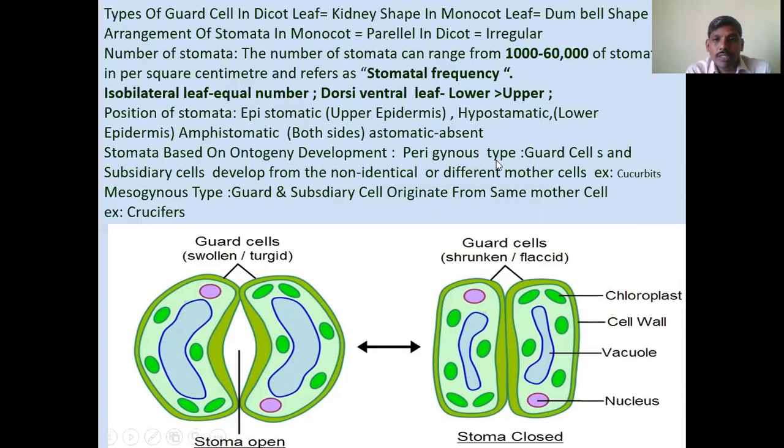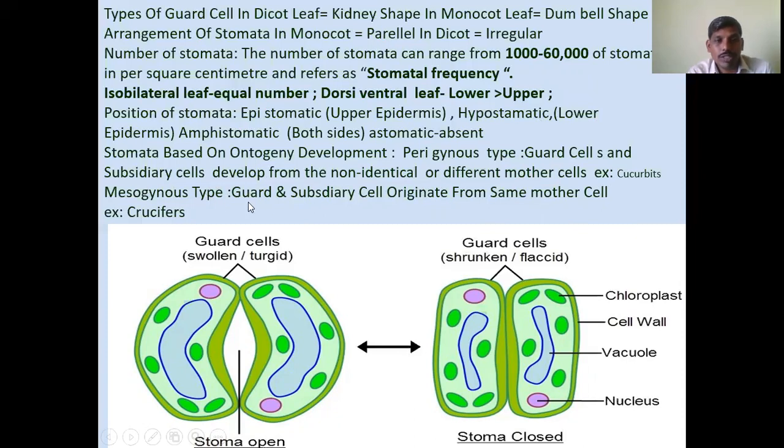In the perigenous type, guard cells and subsidiary cells develop from non-identical or different mother cells.